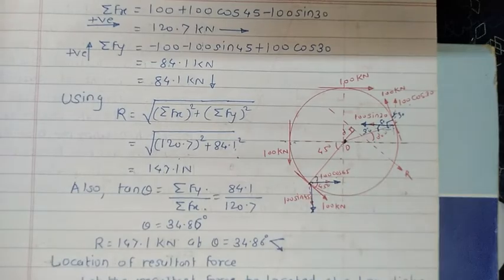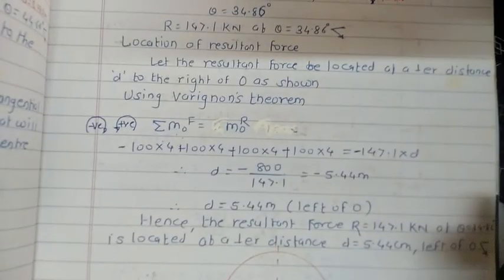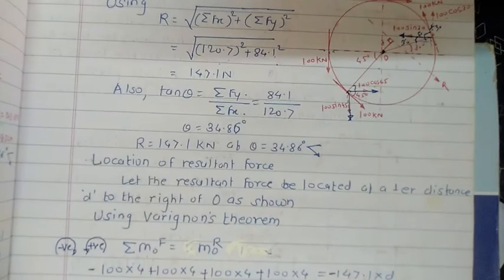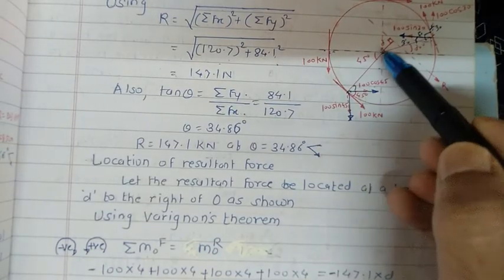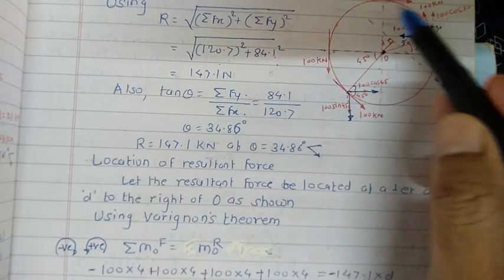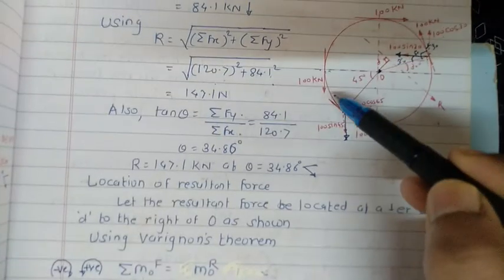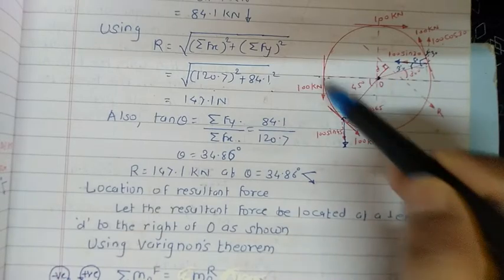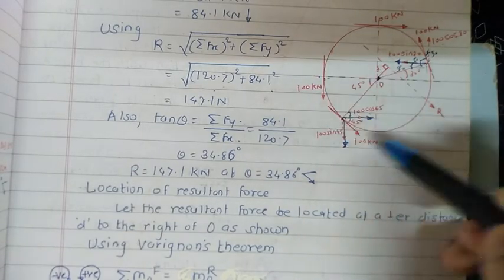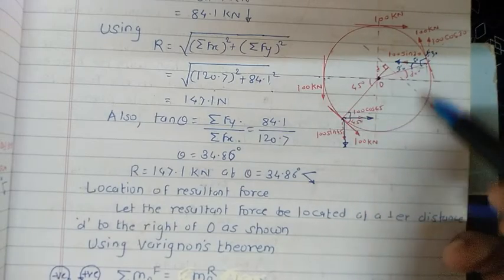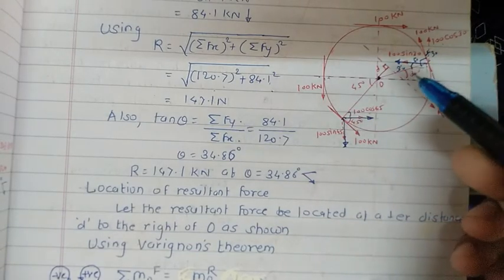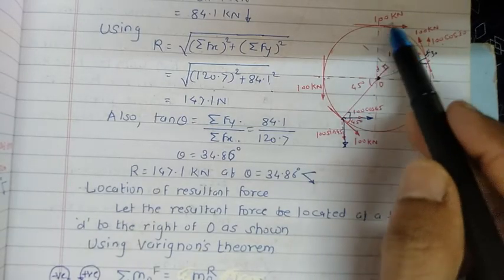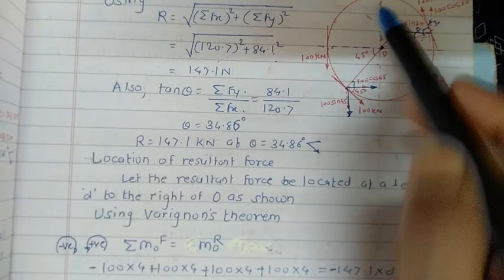Now for this case, the first force is the 100 kilonewton force. See, this force turns about this point in which direction? In the clockwise direction, so the minus sign is given.